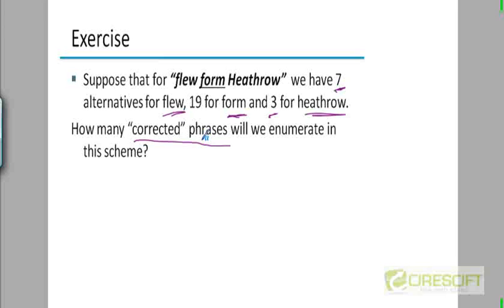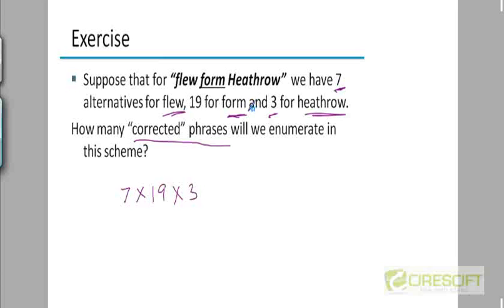But if it's only one at a time, well, what I described was a combination. So you'll take this, combine it with any of this and with any of this. So that would be 7 times 19 times 3, 399. So that will be the product of these three.